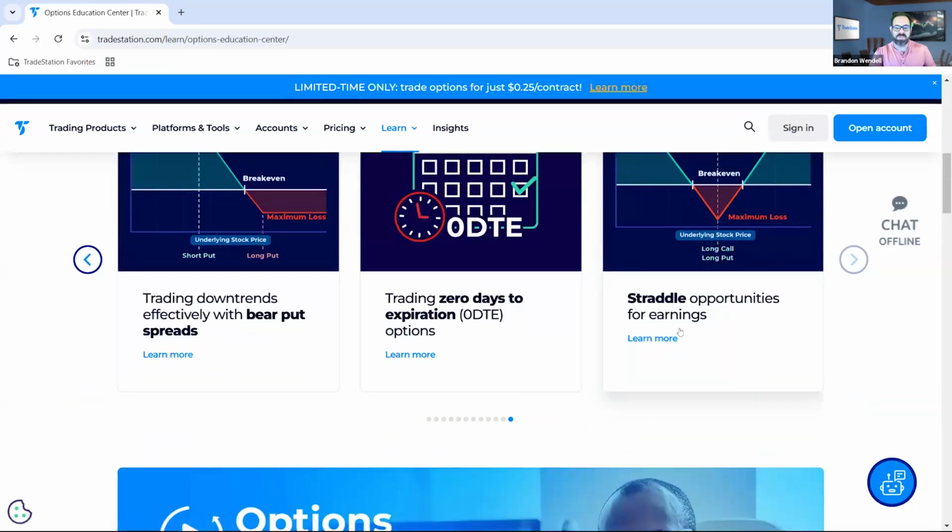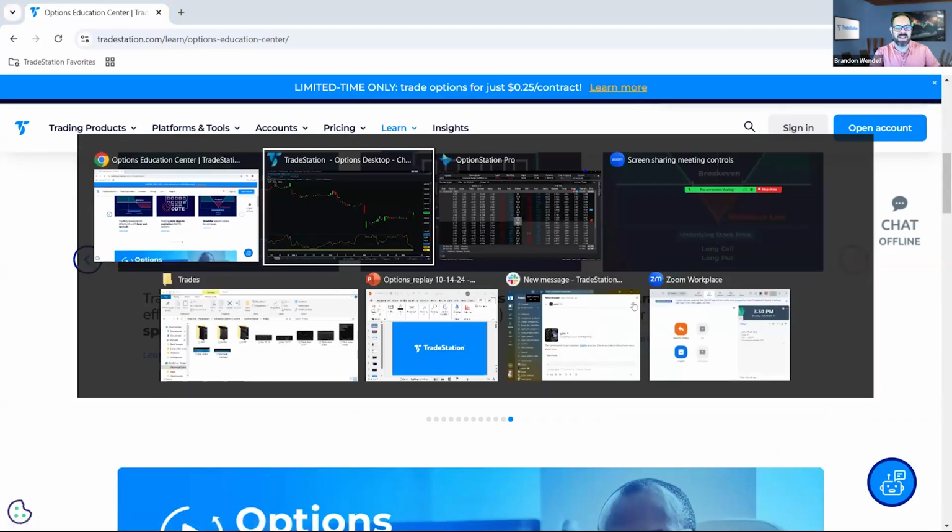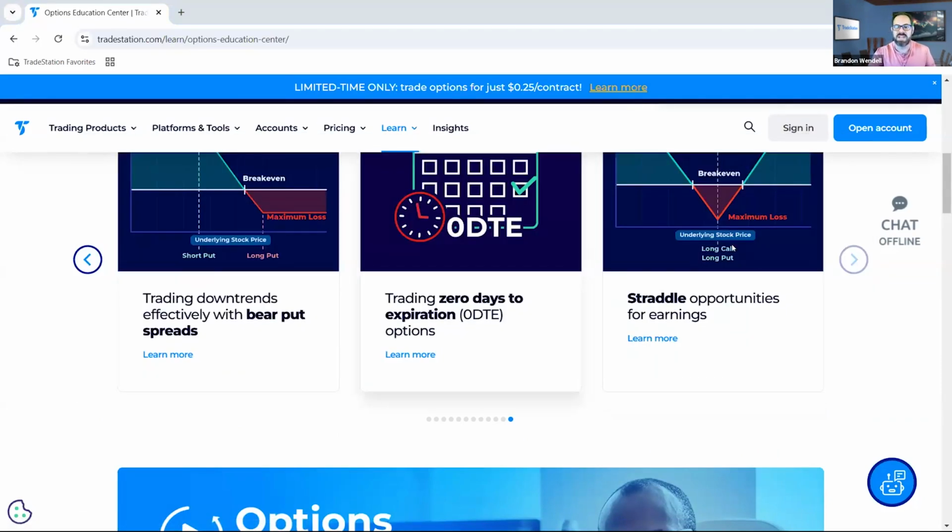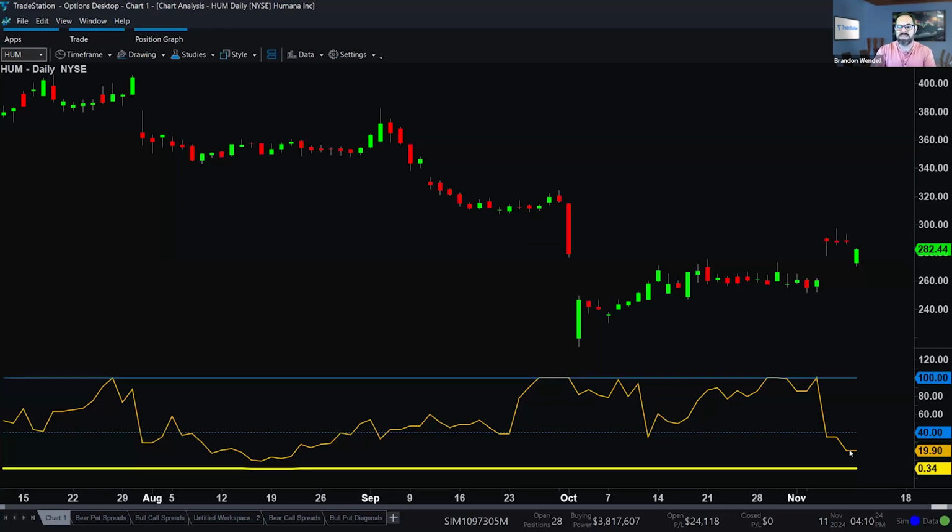But my main thing is that I can see using those certain indicators that right now implied volatility is relatively low compared to historic volatility. What this indicator does is it takes a look back at the historical volatility for the last 52 weeks, and it shows how implied volatility is in relationship to that. So we see that implied volatility is extremely low.